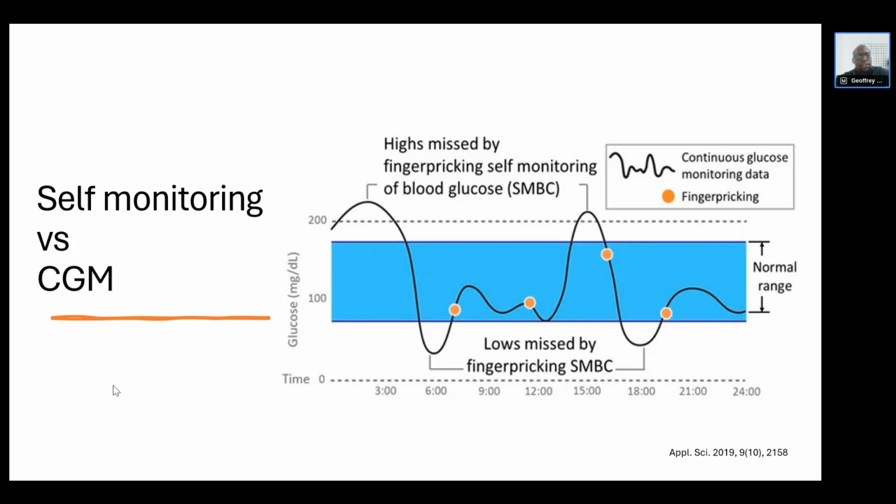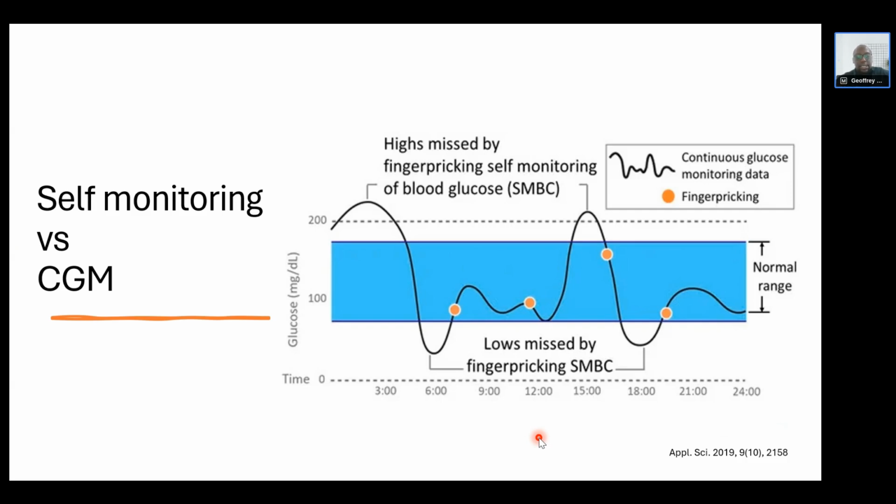So if you try to compare and contrast traditional self-monitoring blood glucose and CGM, what becomes very apparent is that even if you did 4 to 6 finger pricks and measured your blood glucose using a blood glucose meter, there's actually a risk that you may miss episodes of hyper or episodes of hypoglycemia within your 24-hour cycle by simply monitoring your glucose at certain specified time points.